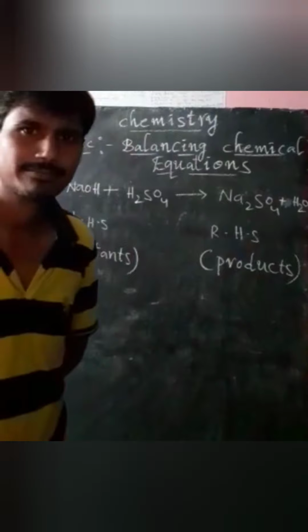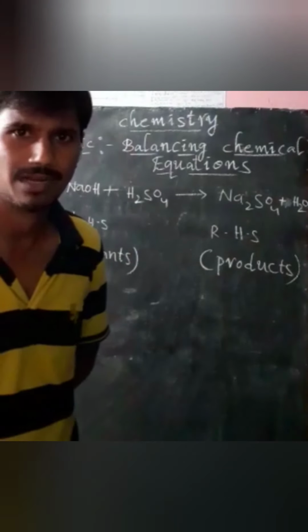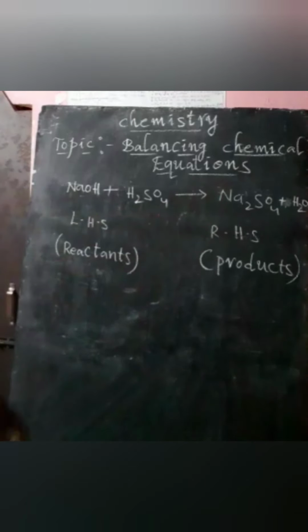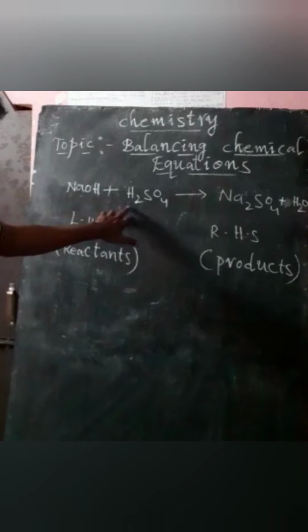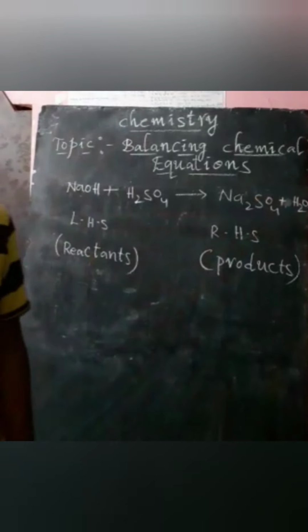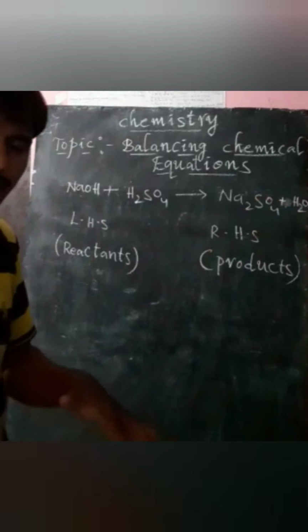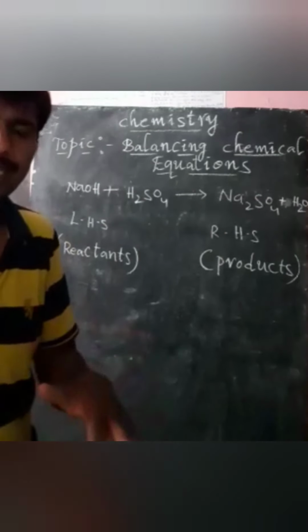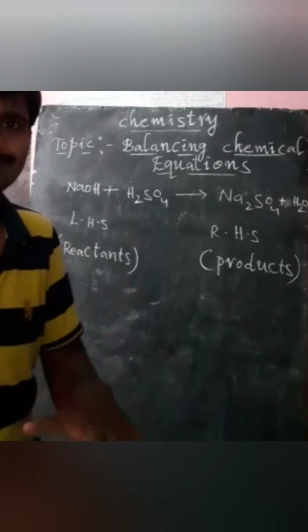Okay. Now it is an unbalanced equation. What is an unbalanced equation? The number of atoms on both sides is unequal. See, sodium atoms on the LHS side are 1, here 2. Hydrogen atoms on the LHS side are 3, that is 1, 2, so 3, here 2. If you see such a chemical equation, that is an unbalanced equation. Why? Because on both sides, LHS and RHS, the number of atoms is unequal.